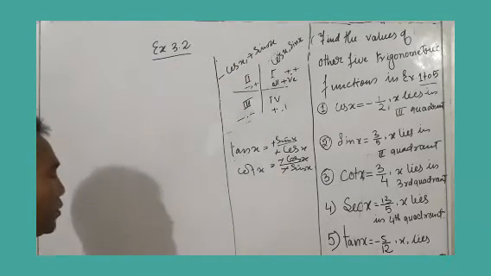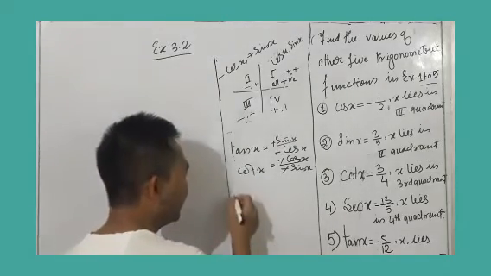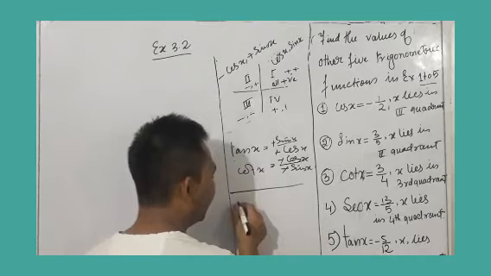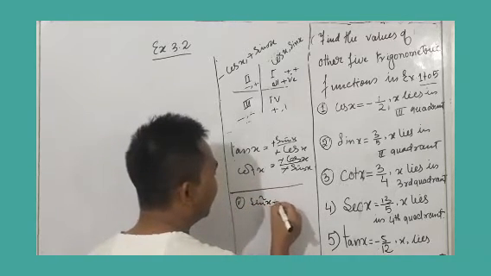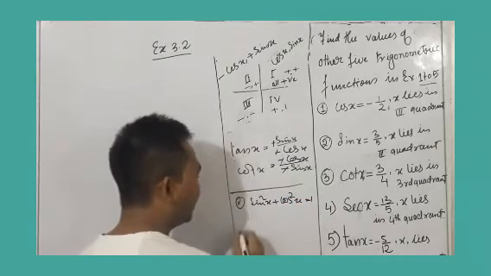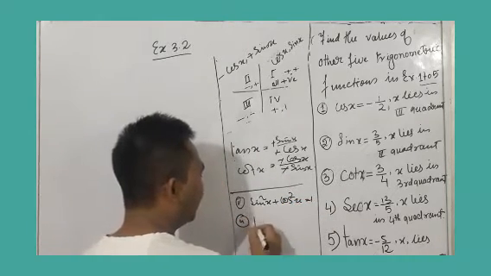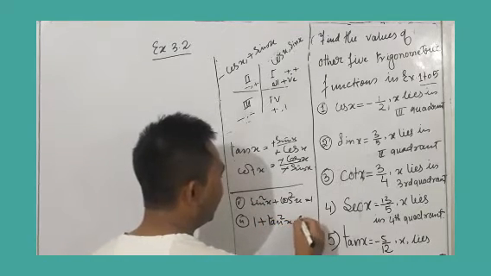To work this out, we need to know the basic identities. Number 1: sin square x plus cos square x equals 1. Number 2: 1 plus tan square x equals sec square x.